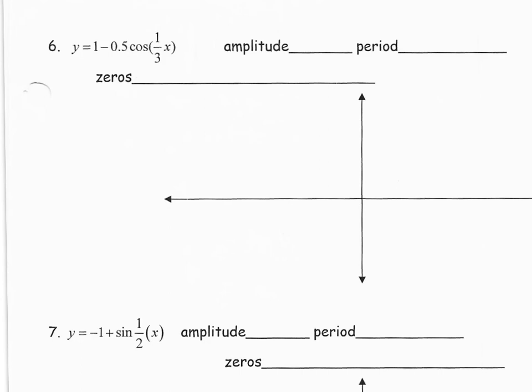All right, number 6, let's talk about the 1 in front. The 1 in front means up. All right, that's not too bad. The negative in front of the cosine means over the x-axis. The 0.5 is your amplitude. And then here's kind of the weird part, that 1/3 x. Okay, so let's go over the period thing again.